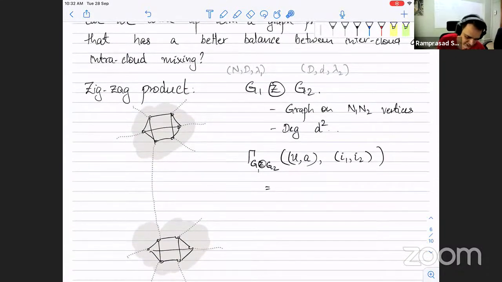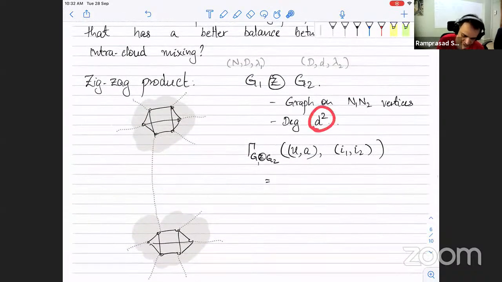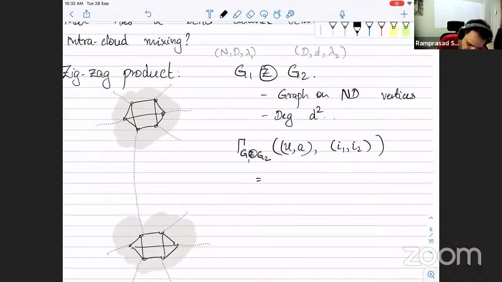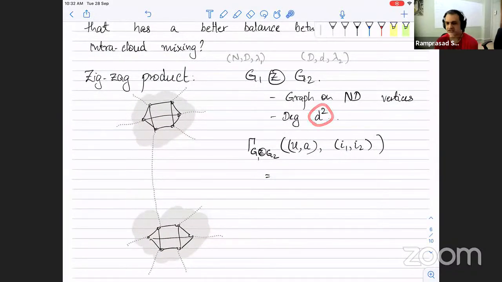The new graph is going to be of degree small d squared. The graph is going to be on vertex set n1, sorry, this should not be n1, n2. This should be n times d. So on nd vertices, but the degree is just small d squared.